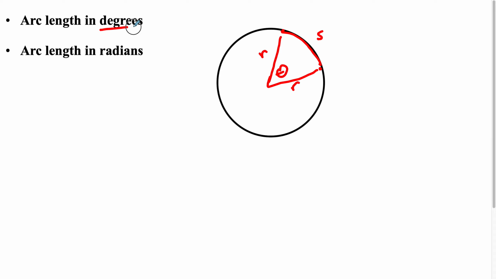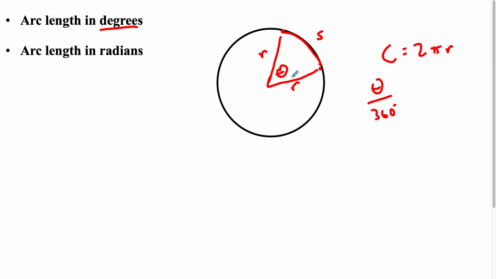Now, when we measure in degrees, it means we're talking about fractions of the circumference. That is, if we think about this carefully, this arc length is a certain fraction of the circumference of the circle. This central angle is a certain fraction of, in the case of degrees, all the way around, which is theta over 360 degrees.